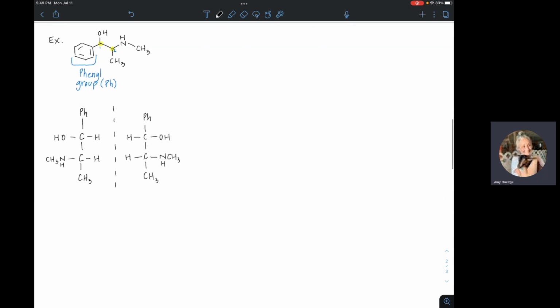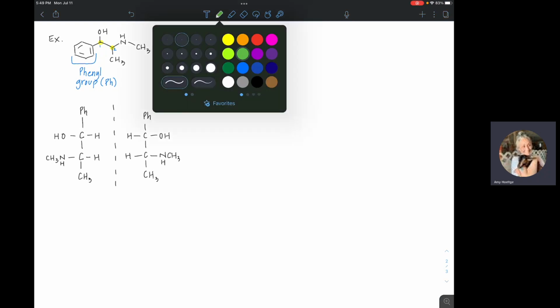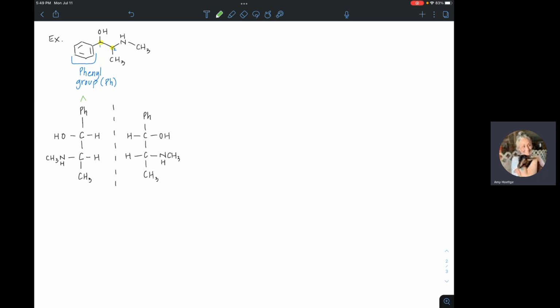This molecule is not like that. This molecule has 2 asymmetric carbons, in other words, 2 stereocenters. And I'm going to go ahead and letter these so that we can keep track of who's who, because I'm going to refer to them by their letters instead of redrawing them.